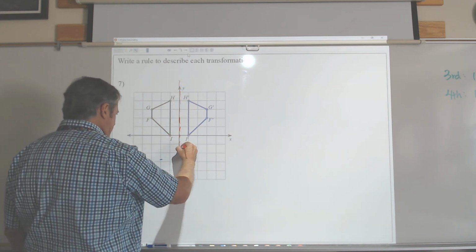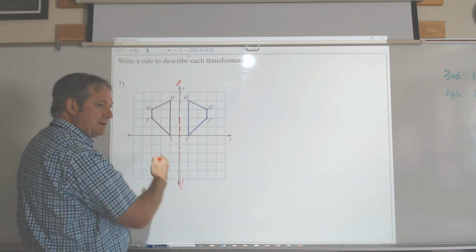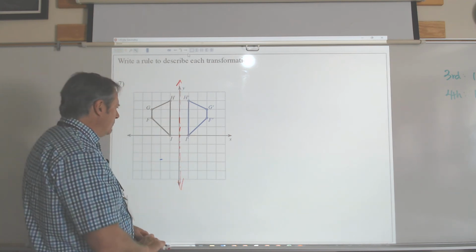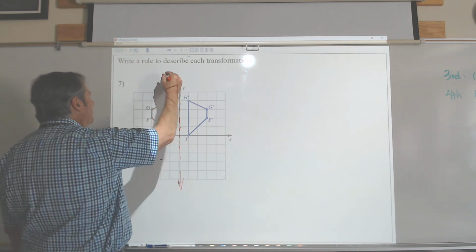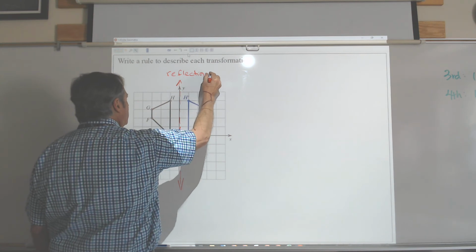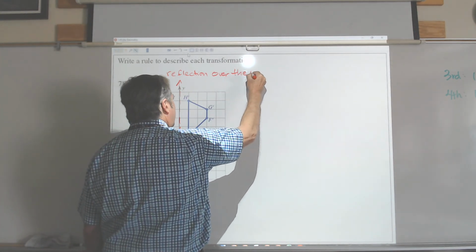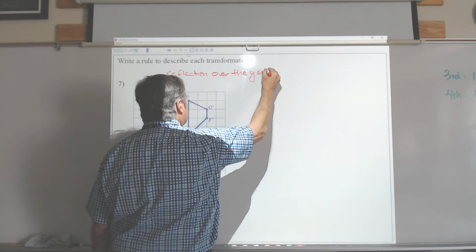That's the one equidistant, right? Well, what is that line? That happens to be a reflection across the y-axis.